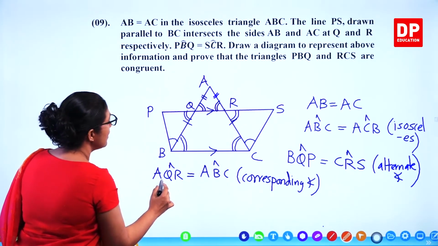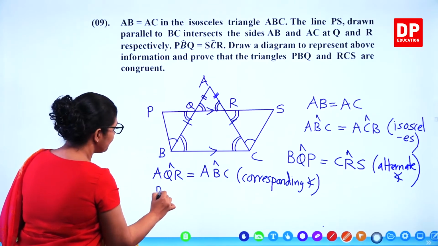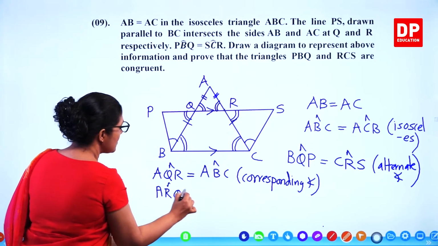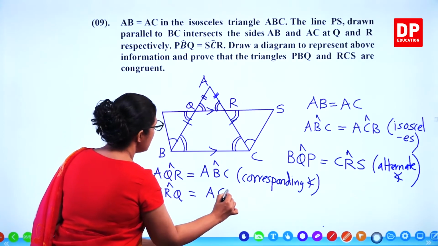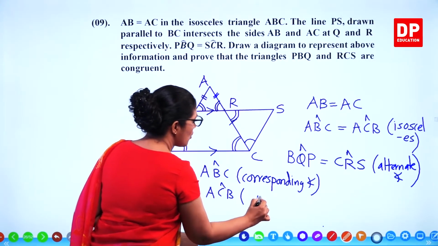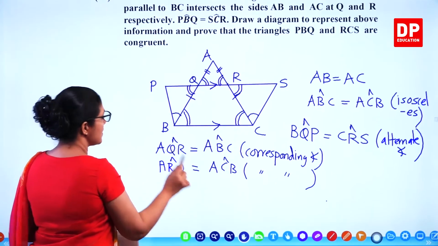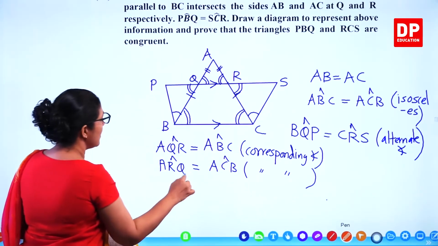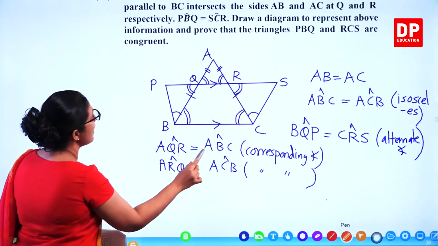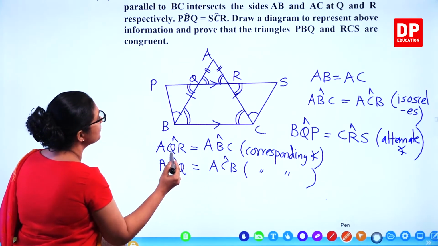And ARQ is equal to ACB angle. That's also corresponding angles. So because of that, we can say these two also equal.